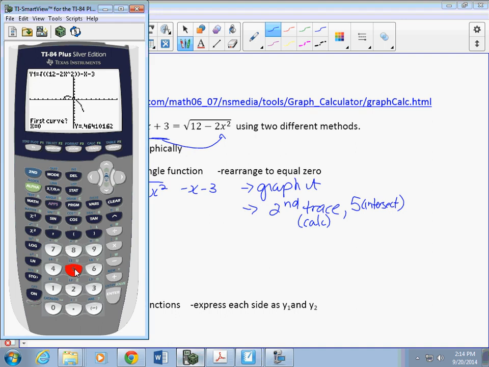Okay, so it gave me my value there. It says first curve at x is equal to 0, and sometimes you need to move it just a little bit. So I'm going to hit enter. Move your cursor to the other side of that x axis. Enter. Second curve.